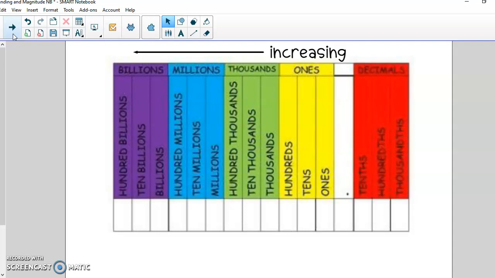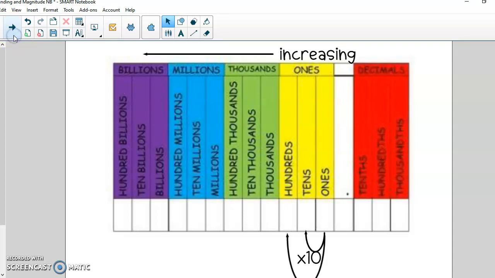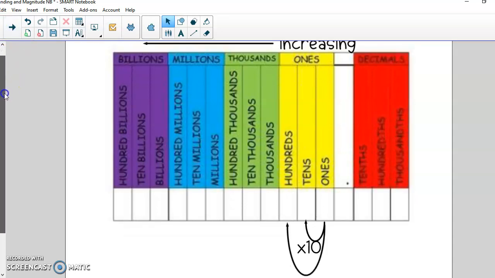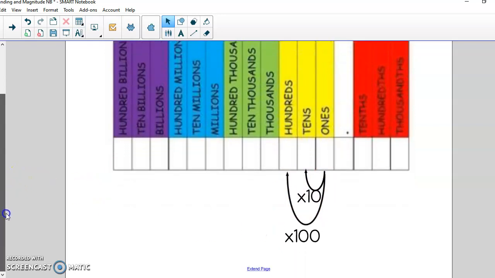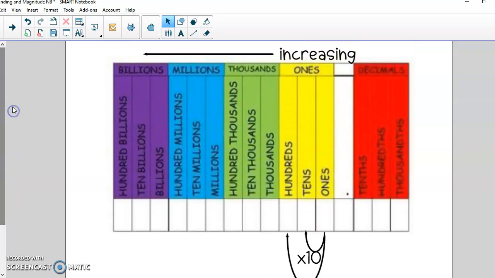So it goes from ones, tens, hundreds, thousands, 10,000s, 100,000s, and so on. And notice, as you get bigger, 1 time to the left is times 10, 2 times to the left is times 100, and 3 times to the left should be 1,000.